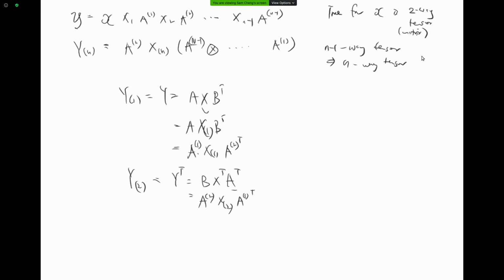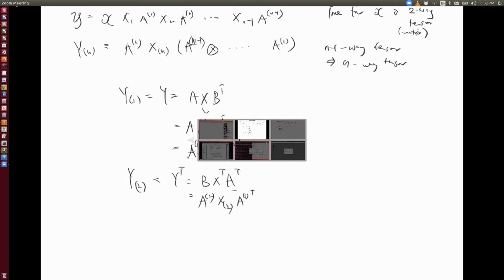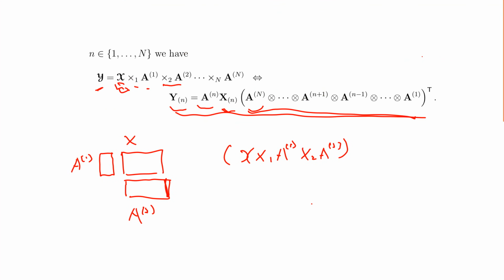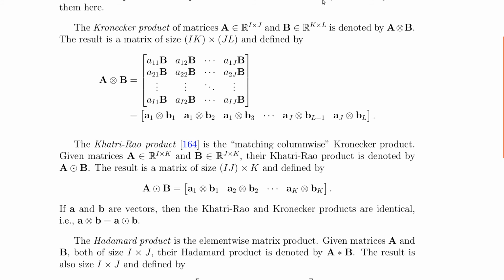Just as a review, for Kronecker products: if I have matrices A and B of size i by j and k by l, then the Kronecker product has a form like this.